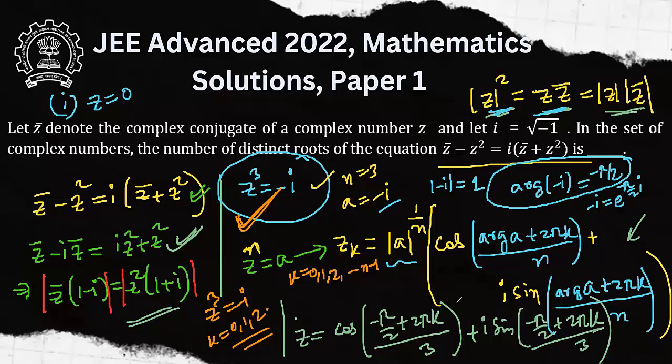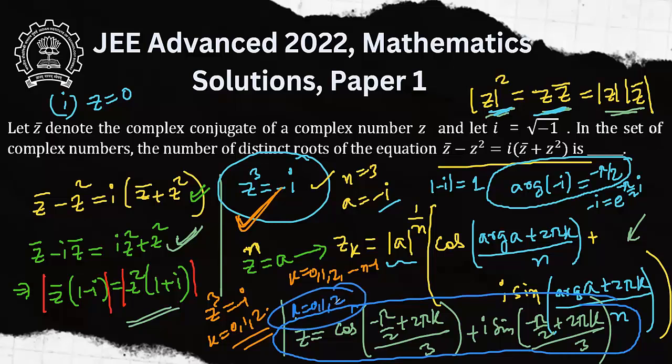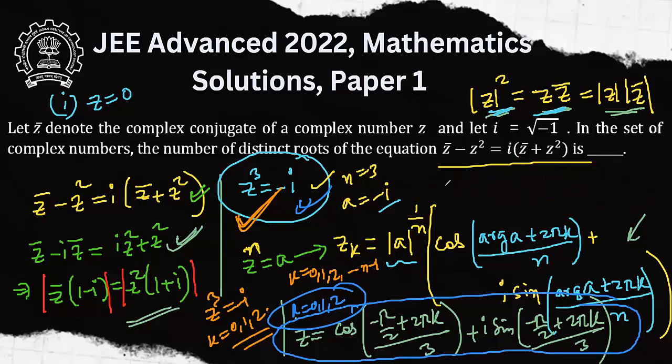In this you plug k is equal to 0, 1 and 2 to get the 3 roots. You will get Z is equal to root 3 by 2 minus I by 2, and minus root 3 by 2 minus I by 2, and minus I.